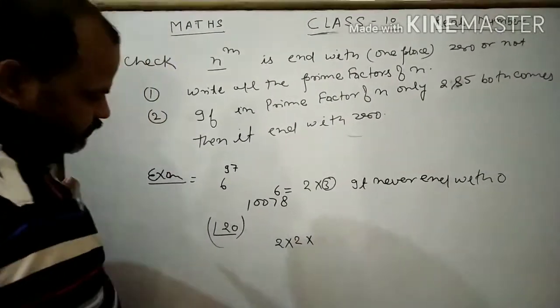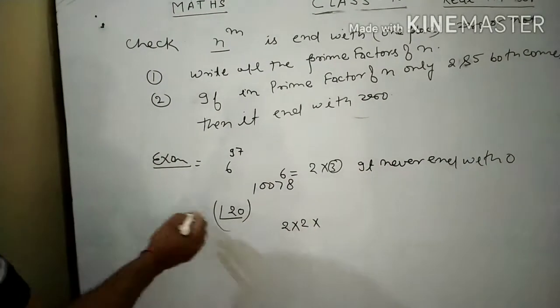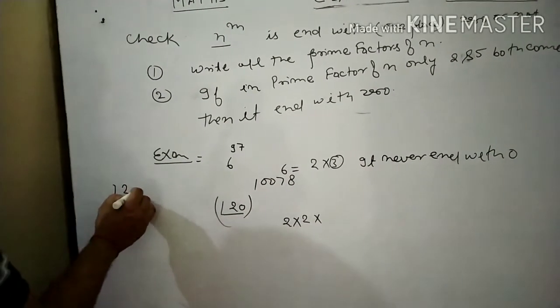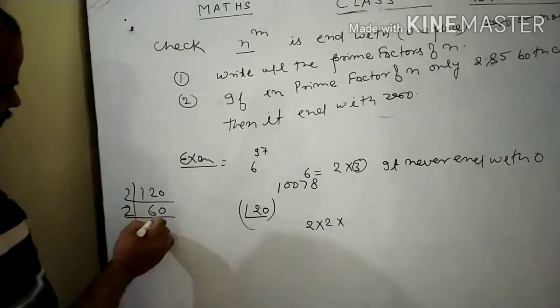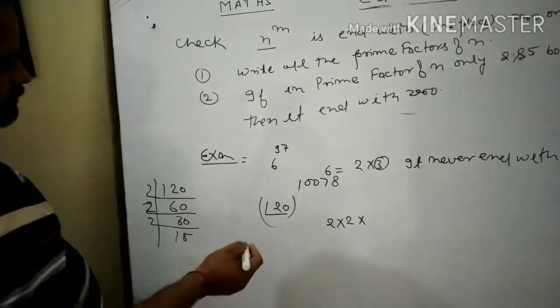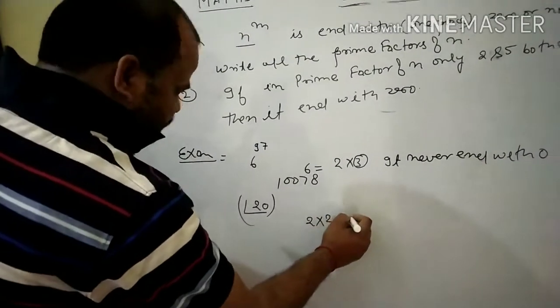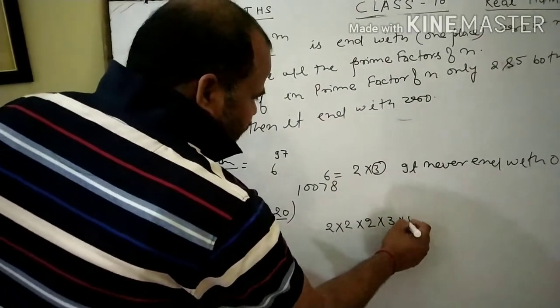First of all, roughly, 120 gives 60, then 30, then 15. So 120 is 2 into 2 into 2 into 3 into 5.